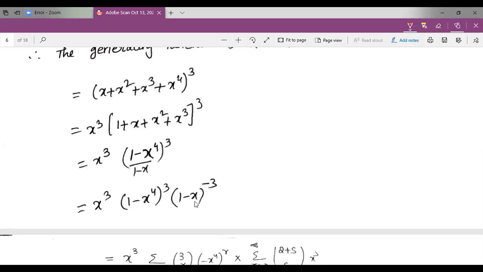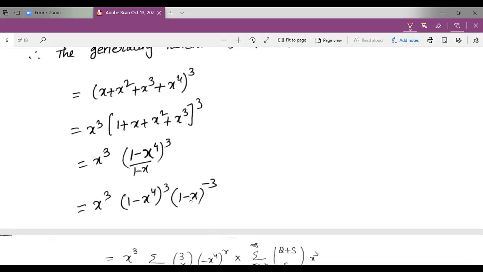So that value coming to numerator 1 minus x whole power minus 3. Okay. So x cube into 1 minus x power 4 whole cube into 1 minus x whole power minus 3. So here this is of the form 1 minus x whole power n, positive value. So 1 minus x whole power minus n.